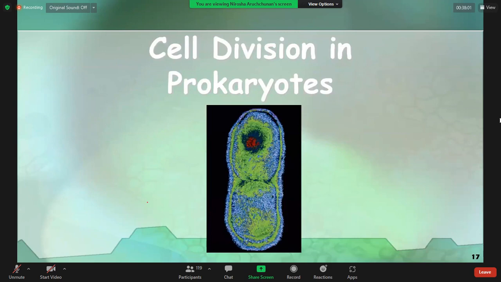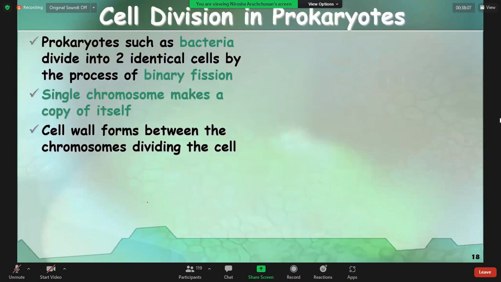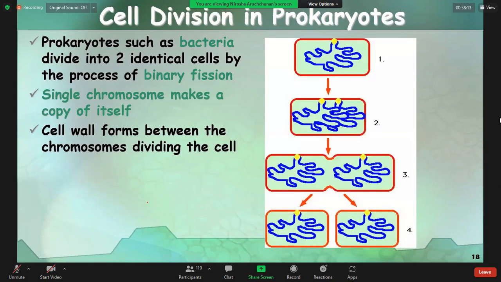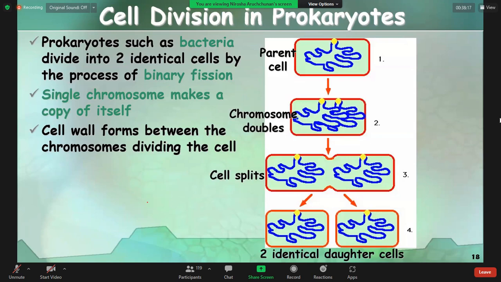And we'll discuss cell division in the prokaryotes, right? So, how does cell division happen in the prokaryotes? Prokaryotes such as bacteria.